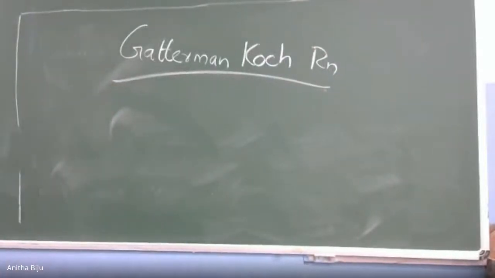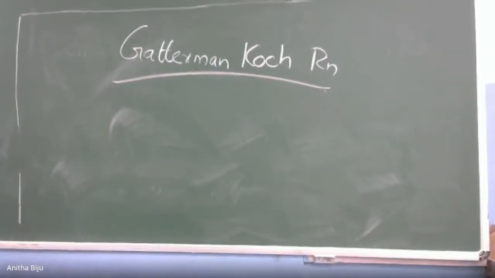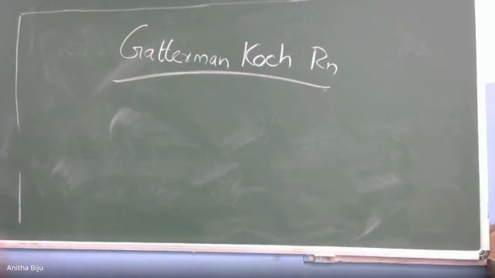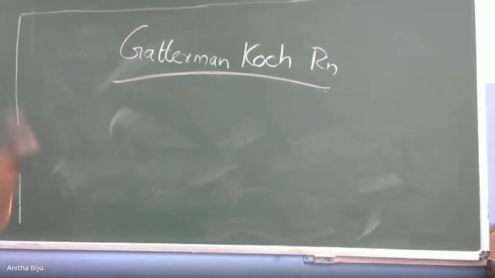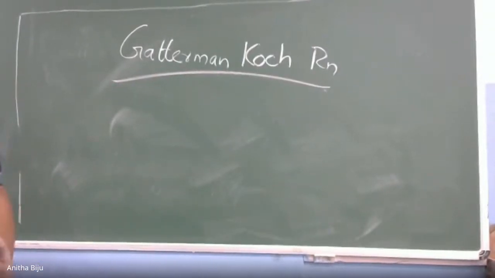The reaction is known as Gattermann-Koch. This reaction, why is it important? First of all, it is a name reaction. Second, here we are using benzene as the raw material. Benzene is the substrate.